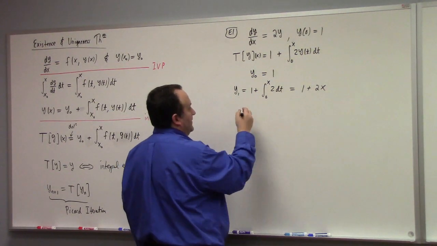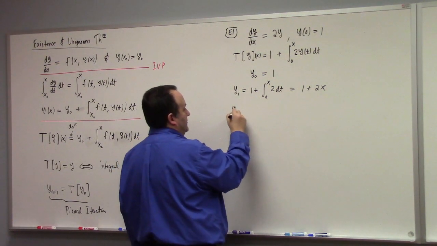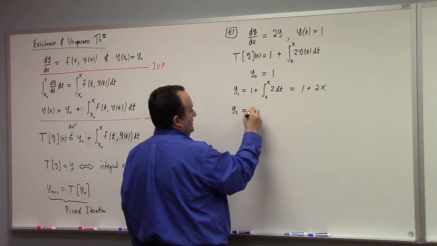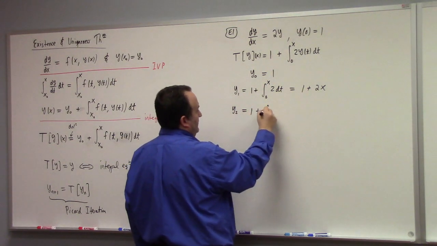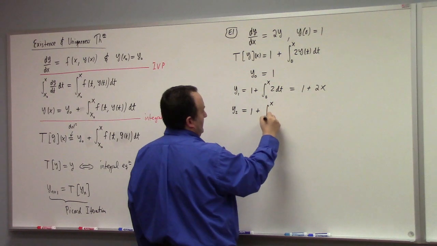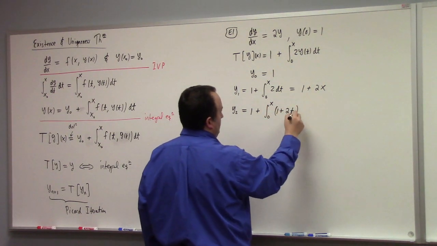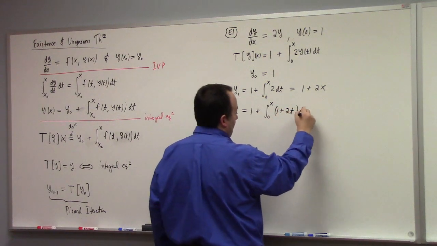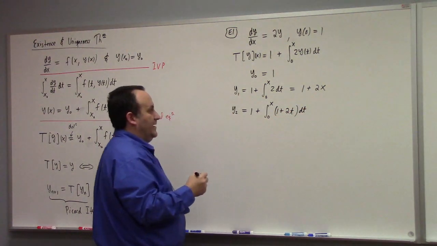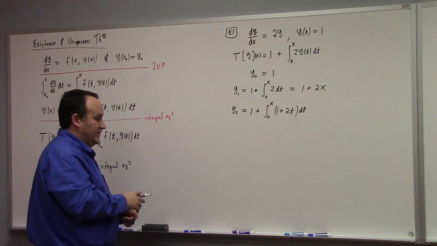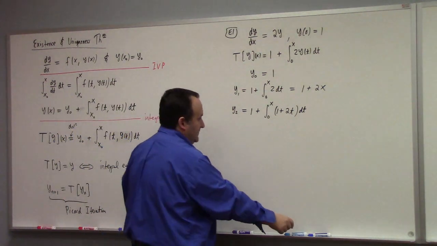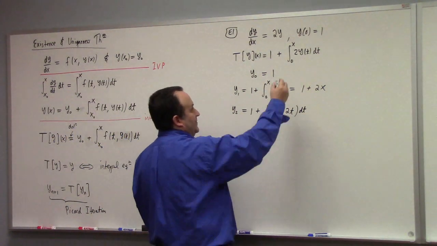Okay, fine. So y2 is then 1 plus the integral from 0 to x of 1 plus 2t dt. And I'm bad about this. You gotta watch me, I'll make this mistake in this example.